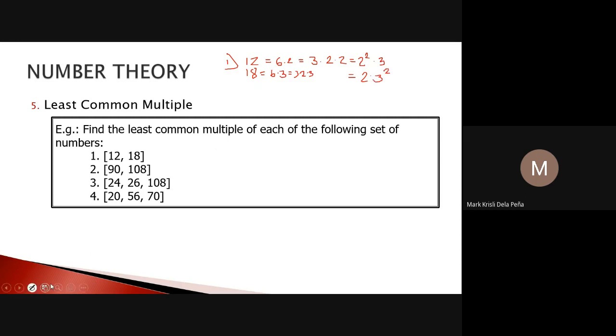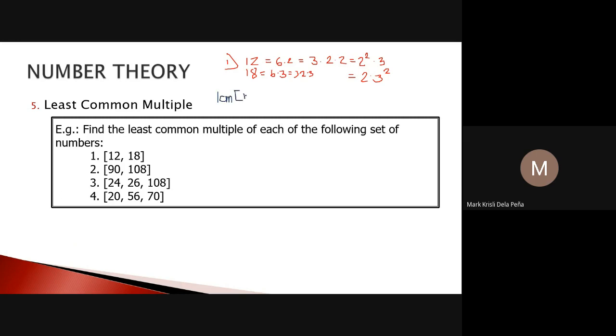Now to get the least common multiple, let's change pen color. When you see expressions in this form, that means you're looking for LCM. But I will just put LCM to make it clear.